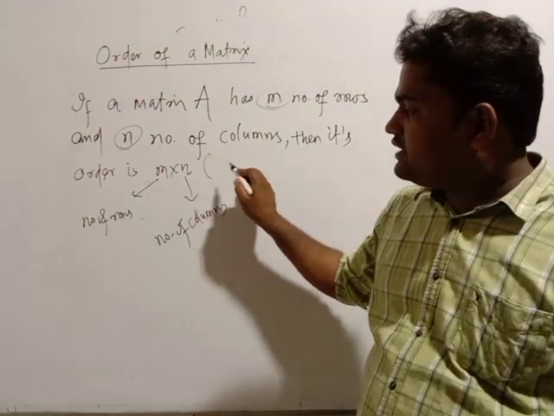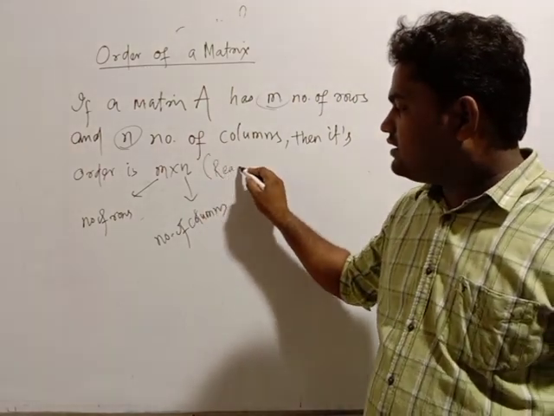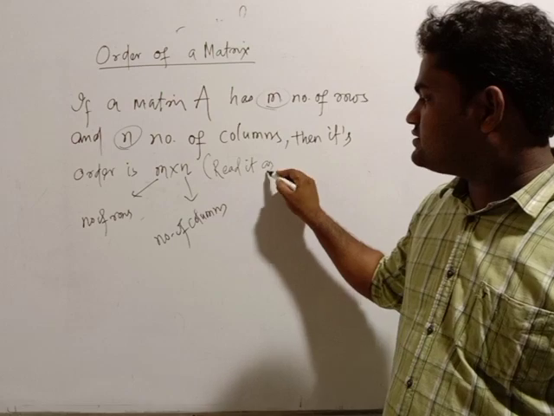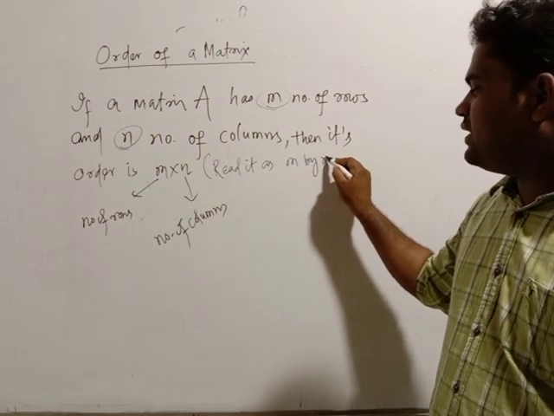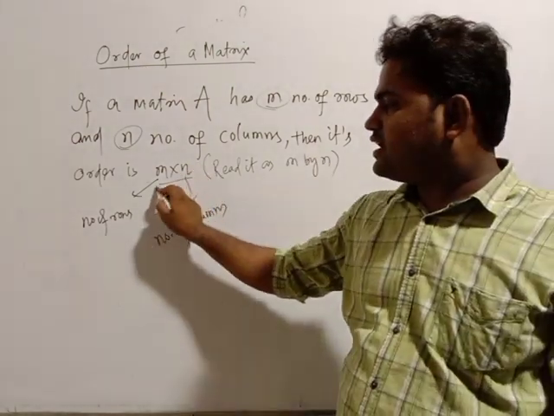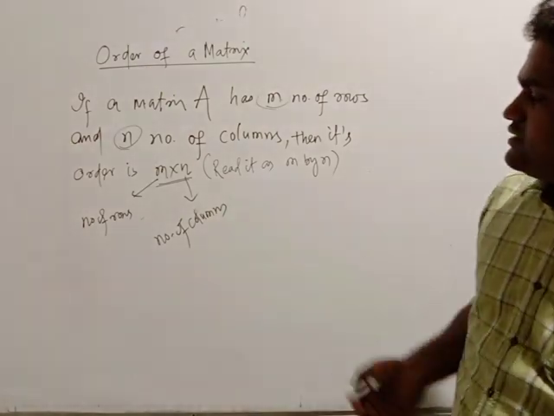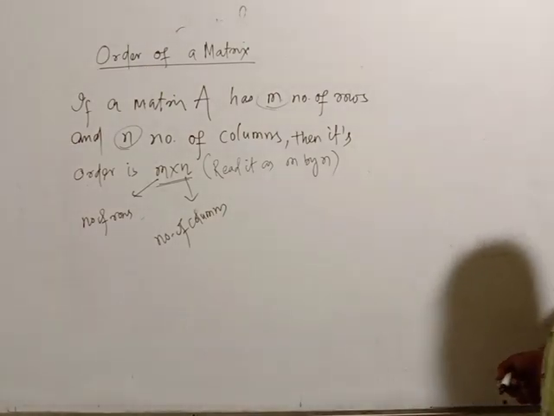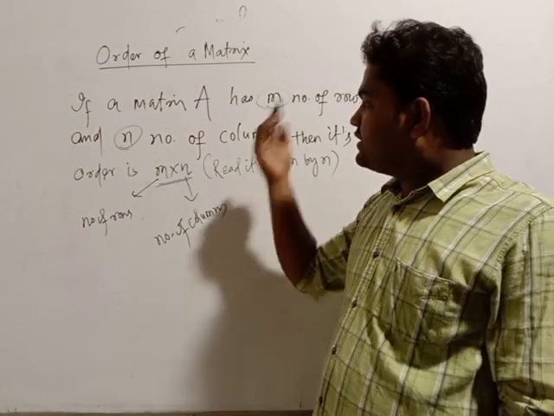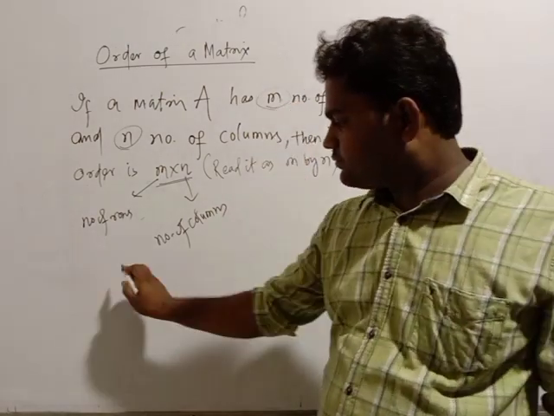We write it as m cross n and we read it as m by n. So look at a simple example.